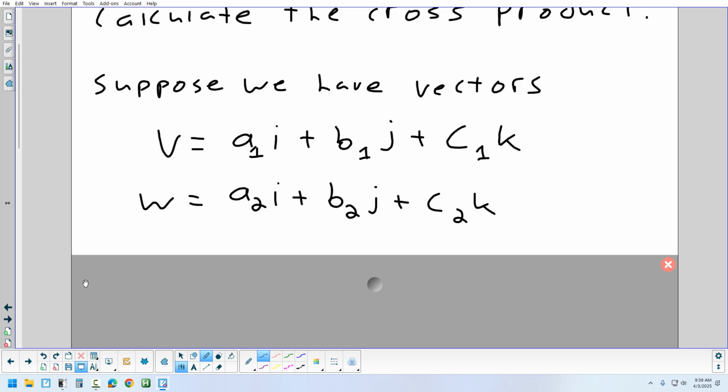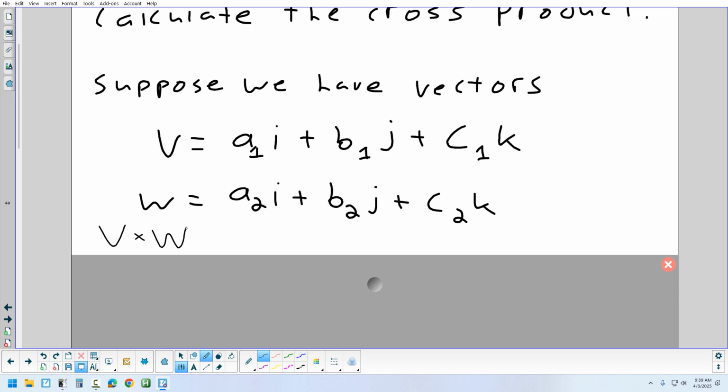To use Sarrus's rule, you have to have a pretty organized problem, laid out visually nicely. When they want you to find a cross product, you will see this symbol: an X, a small x, or a cross between the two vectors. That stands for cross product.